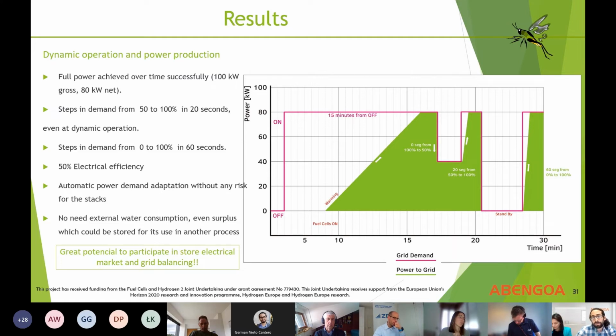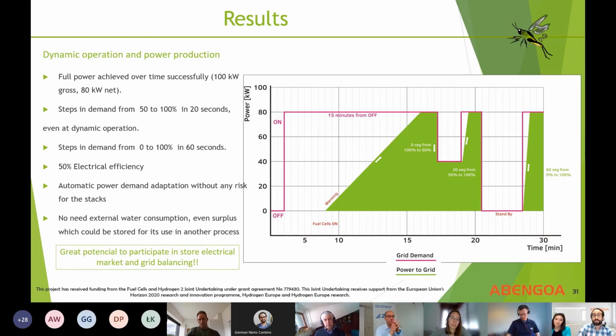This type of startup strategy has been decided with all the consortium to ensure that we can compare the degradation of the stacks from the beginning of life to the end of life. So in some specific applications, this could be different. We can define different starting strategies, but the starting strategies for this plant always go from 0 to 100%.